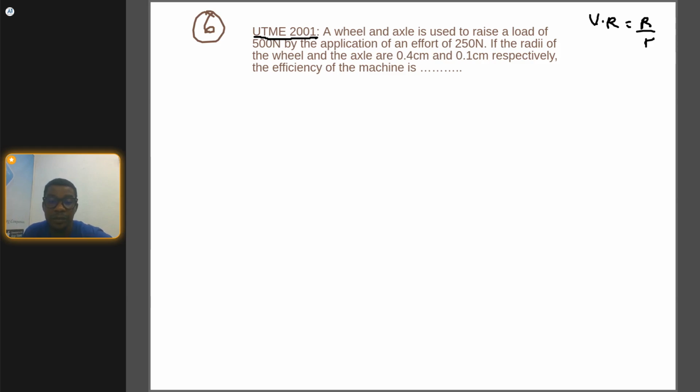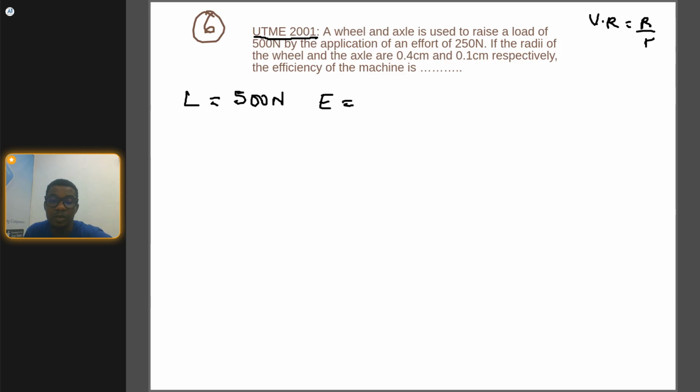We have in the question, it is used to raise a load of 500 Newton. Load, capital letter L, is 500 Newton by the application of an effort of 250 Newton.